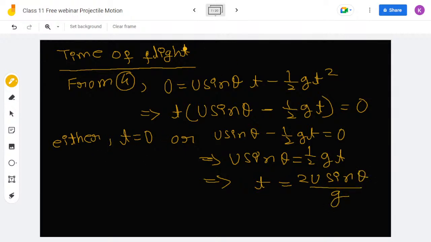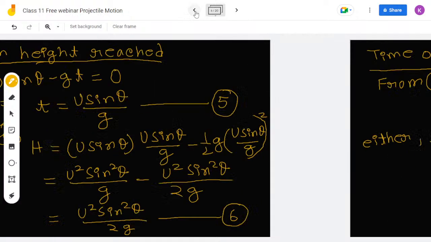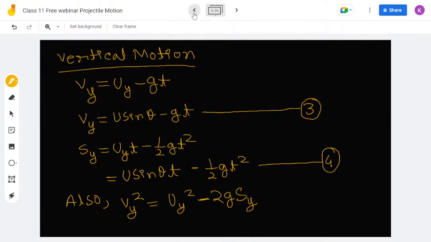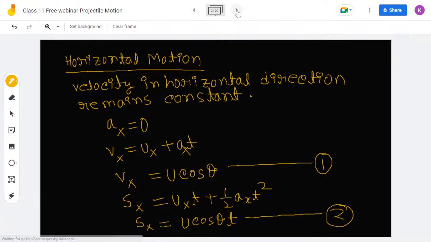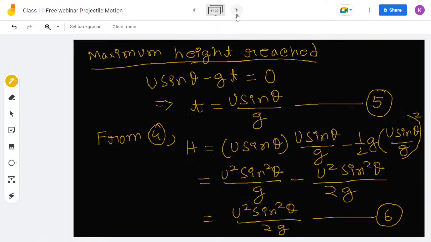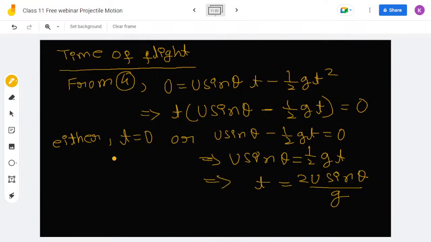Now from the diagram we know that the height becomes 0 at two positions, that is at the start of the projectile motion and at the end of the projectile motion. So we get two values of time here, t equal to 0 and t equal to 2u sin theta by g.